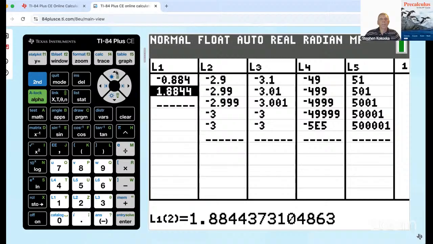If you really want to know the full number of digits you've got stored, stick it in a list editor and then go look at it. So it has 13 digits to the right of the decimal point.